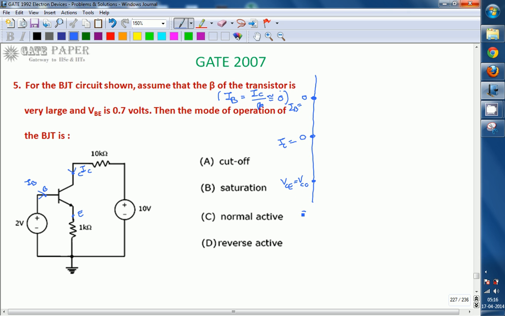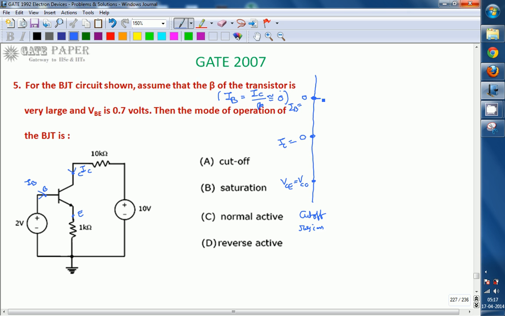So this line is going to be treated as the cutoff region. During the cutoff region, the base current is 0, the collector current is 0, and the entire applied voltage is taken by the collector to emitter only. Now let us assume you apply a voltage such that the transistor comes into the on condition.